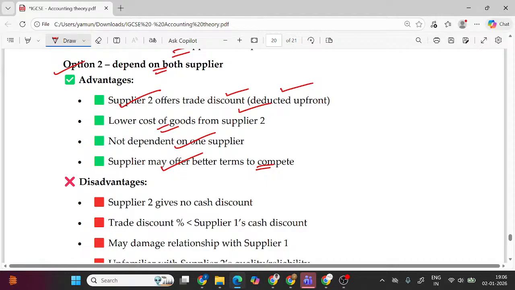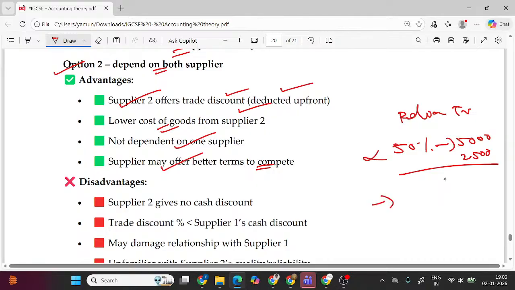Recently in Alliance Friends there was an offer of 50%, which means what? You purchase for 5,000, how much will you pay? 2,500. Instead of this, they are giving one more discount. You shop for this, you get this garment free.